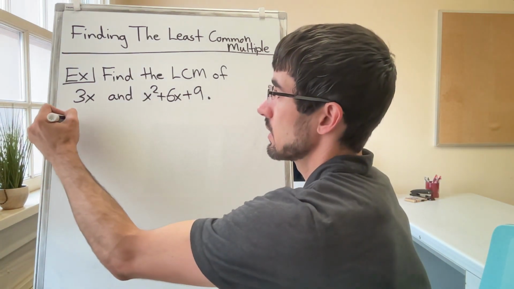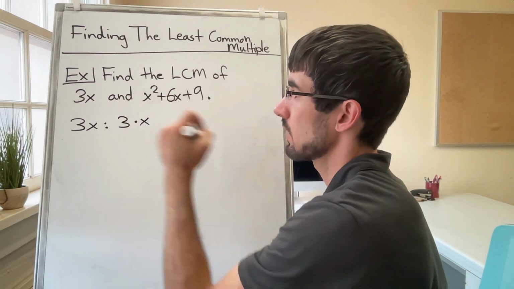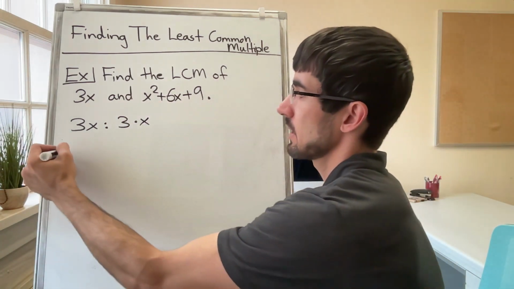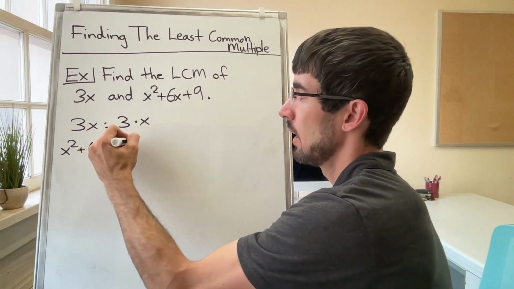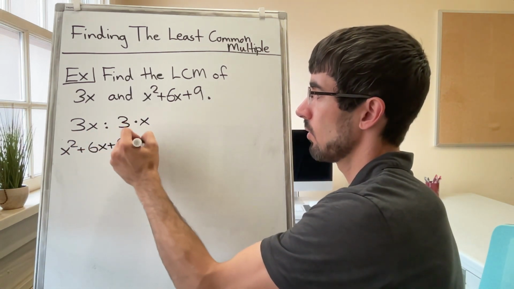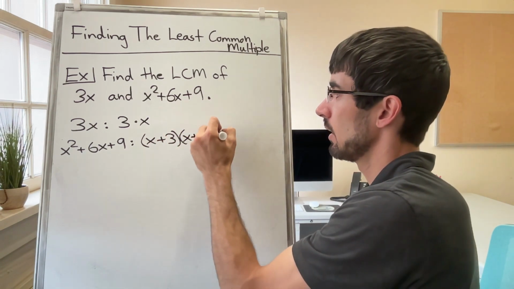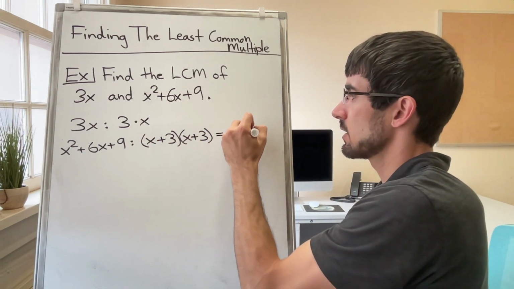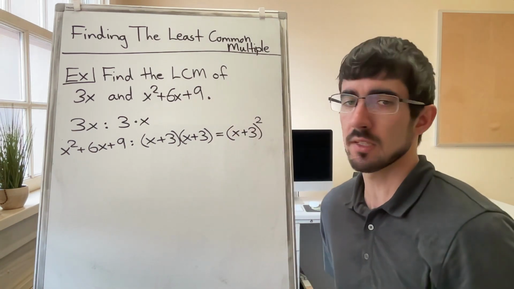So 3x is essentially already factored for us. It's just 3 times x, right? x squared plus 6x plus 9 needs to be factored. This is a trinomial, and it factors into two binomial pieces, x plus 3 times x plus 3. I could write that as x plus 3 squared. So it's the same factor, it's just repeated twice. So it has a power of 2.